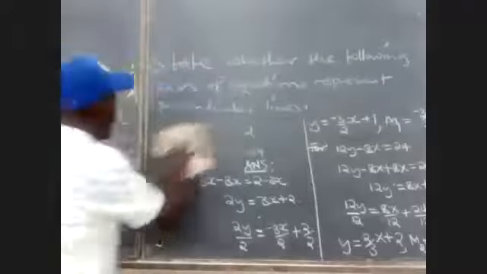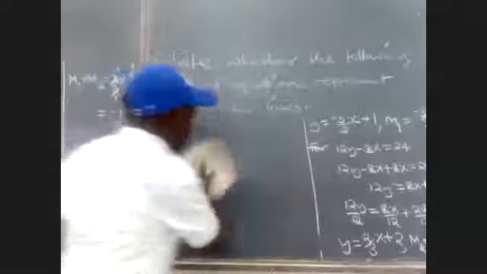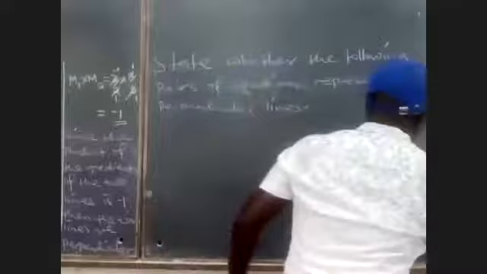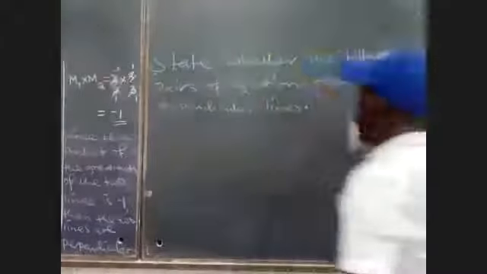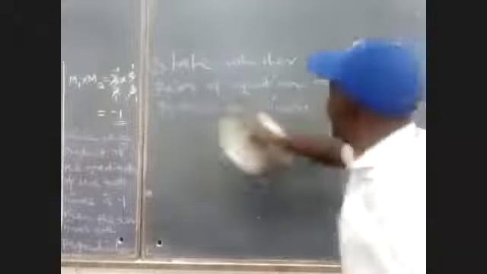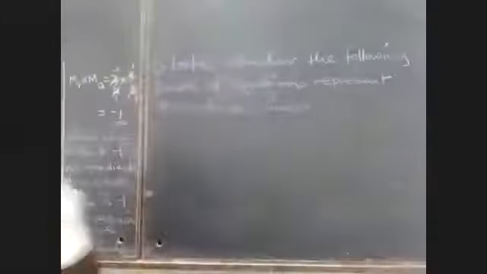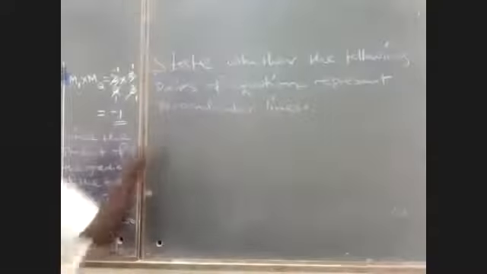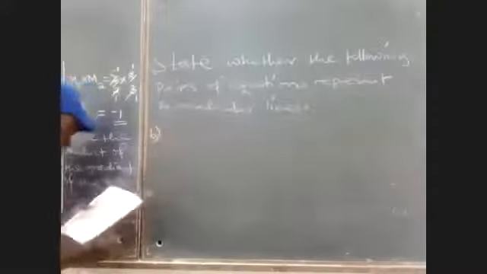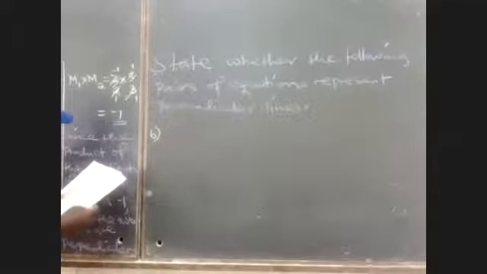This was part A. I want us to look at another part. We said following pairs of equations. Now that was part A. We are using the same approach to look at part B. So for part B, I can pick another pair here.